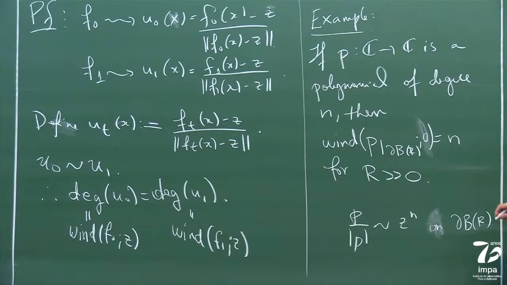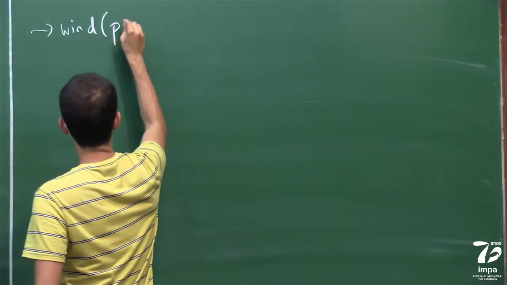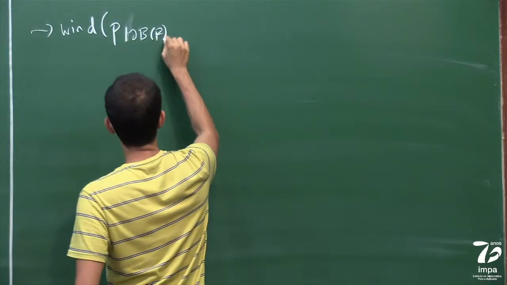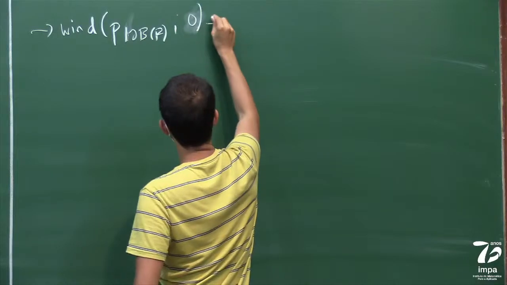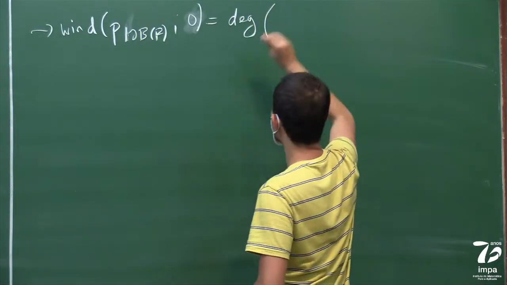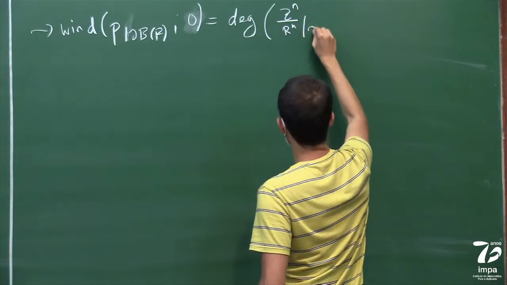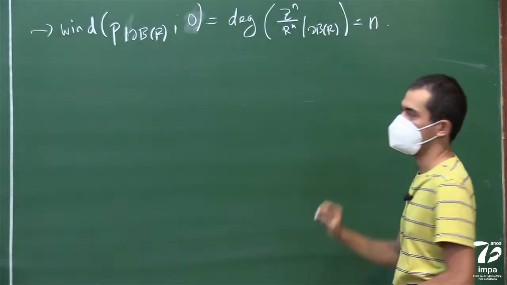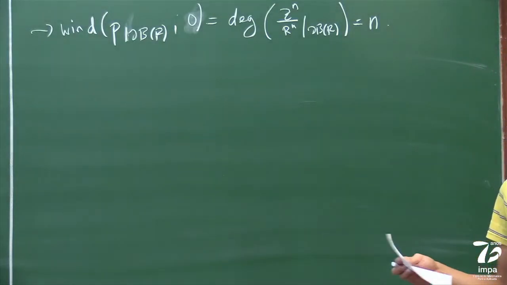So the winding number of p restricted to this ball with respect to 0 is equal to the degree of the map z to the n over r to the n on this ball. And we showed that this is equal to n. Okay? So that's an interesting example.